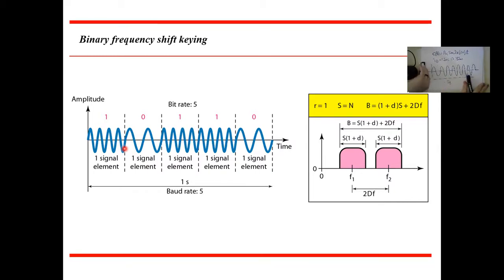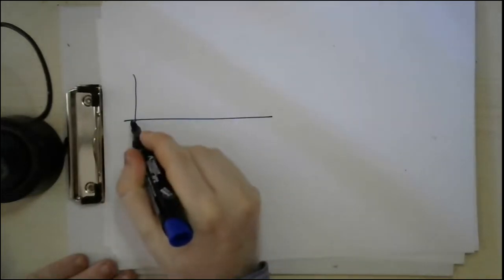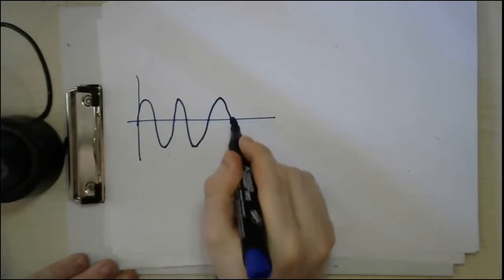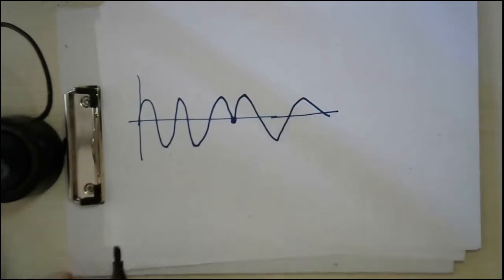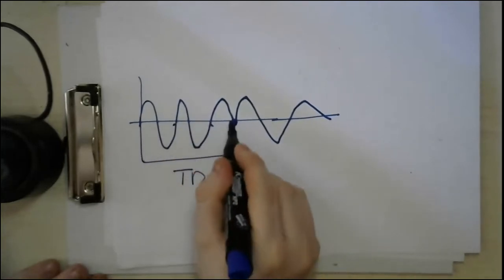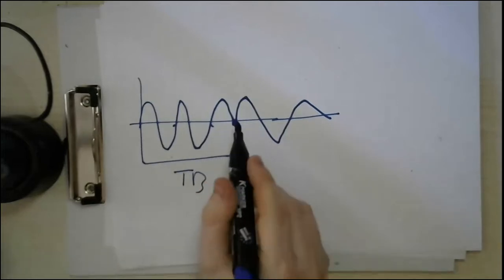So, for example, you can see something like that. Because now in this TP period, you have 2.5 cycles, so this is a half cycle, not a quarter.